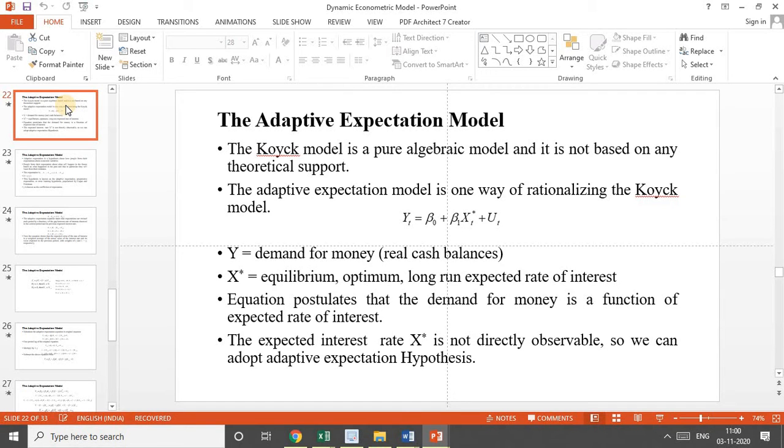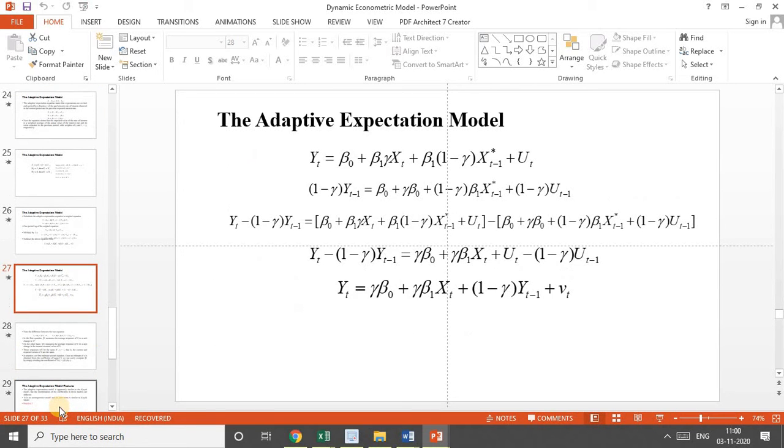Since the expected interest rate is not directly observable, we have borrowed the adaptive expectation hypothesis. By including it, we have converted our model into yt is equal to gamma beta 0 plus gamma beta 1 xt plus 1 minus gamma yt minus 1 plus ut.